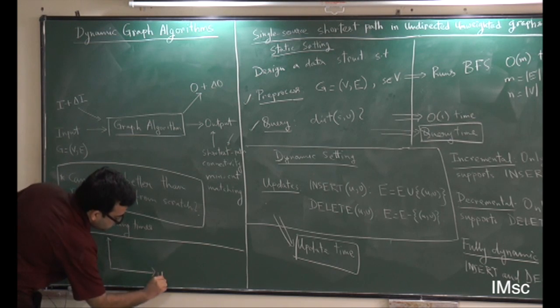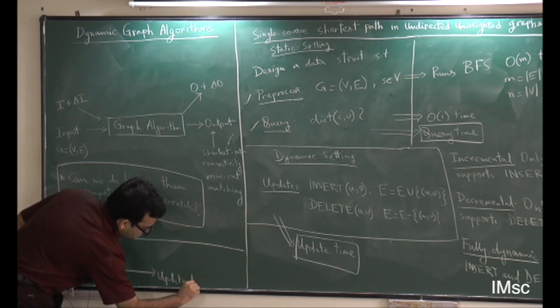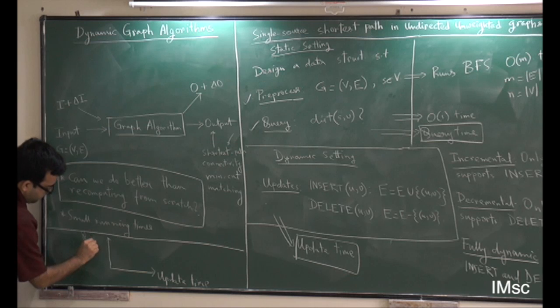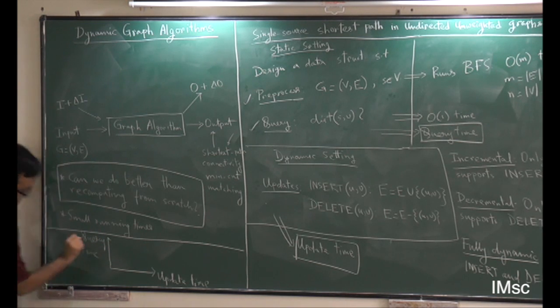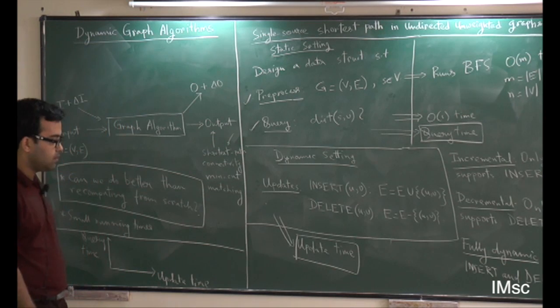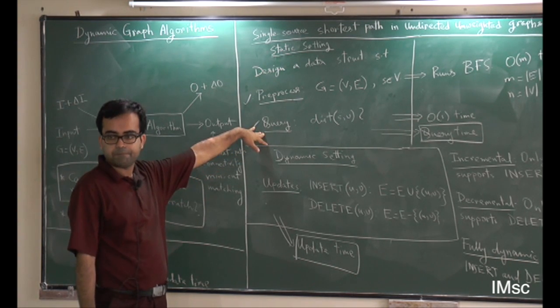So, suppose we just consider this graph, this x axis is the update time, and say this is the query time. Now, for this problem, suppose you just want to minimize the query time. Suppose you just want constant query time.